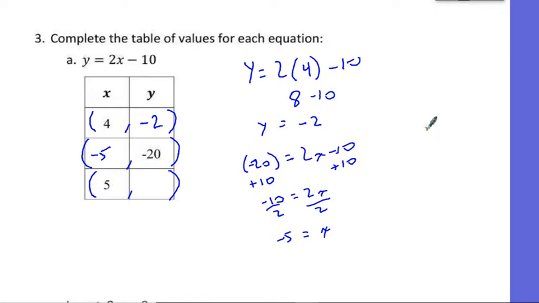And the last, we're given an x value of 5 again. Y equals 2 times 5 minus 10. 2 times 5 is 10, minus 10 is 0. And now our table is complete with 3 points that can be found on this given line.